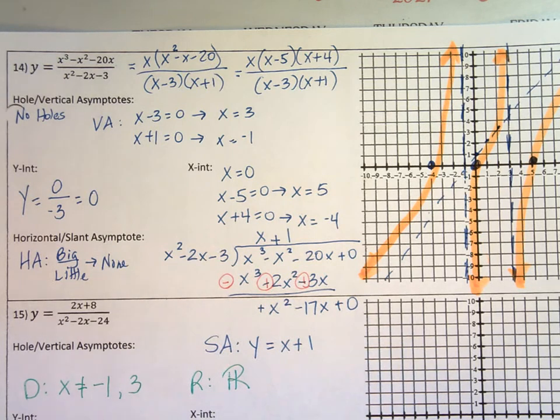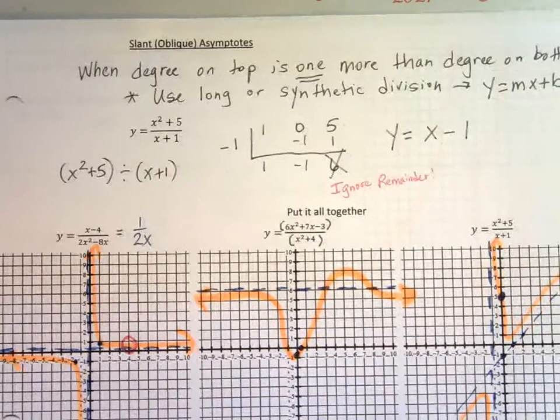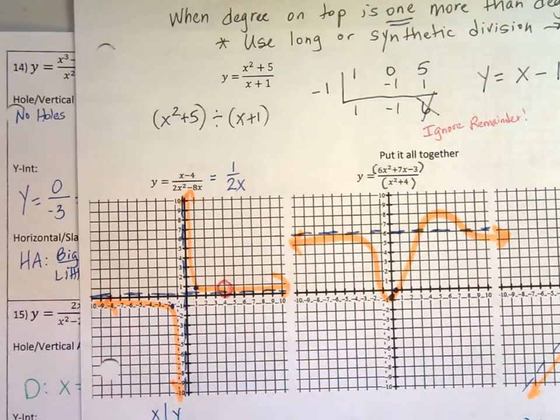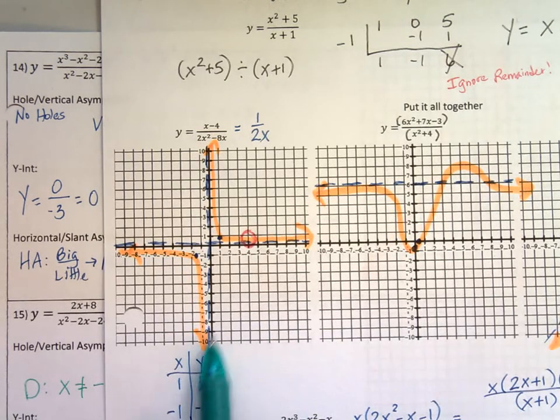Let me go back and try domain and range for this first one. This is back with these examples that we did with those first graphs. And I promise this is where I'm going to stop. Okay.